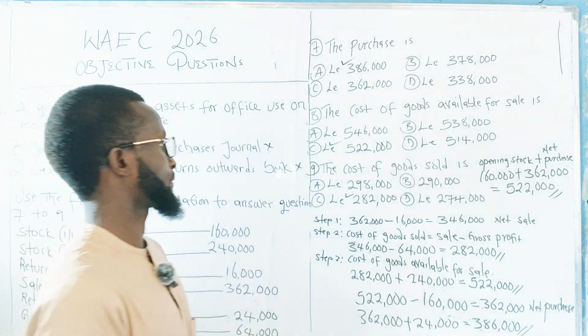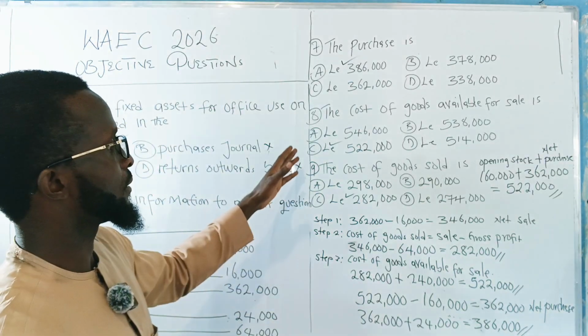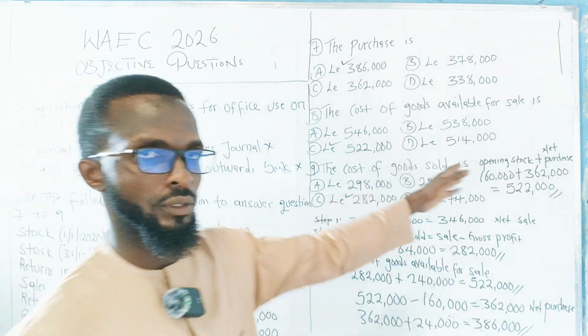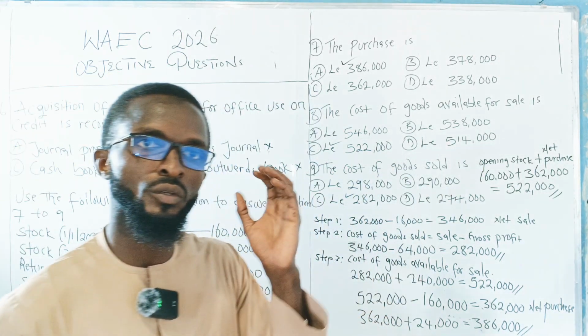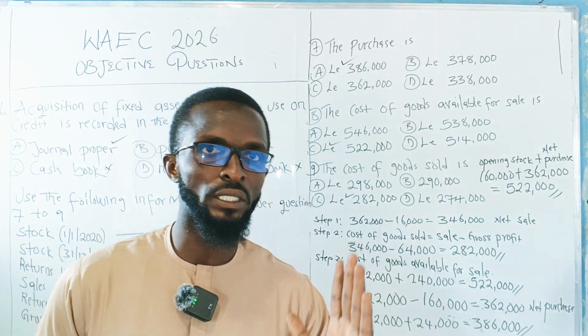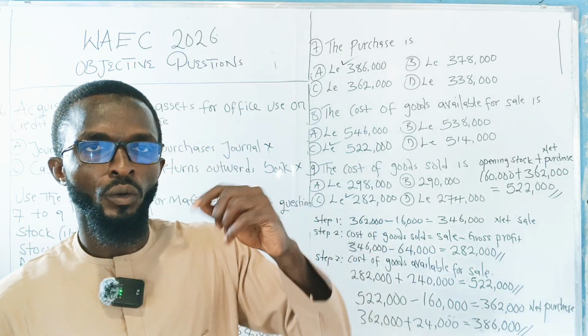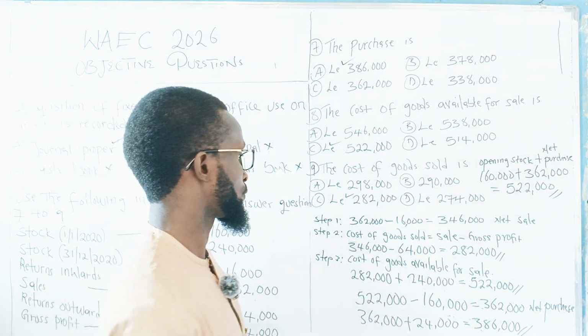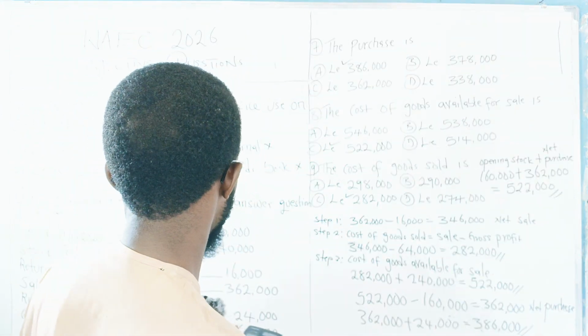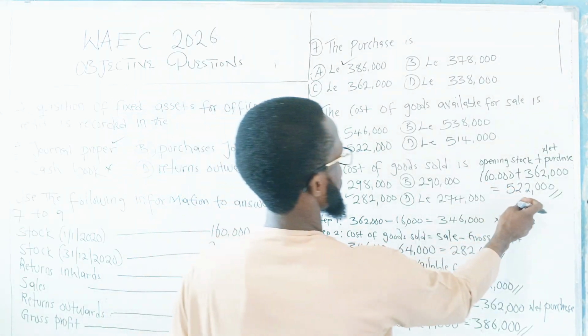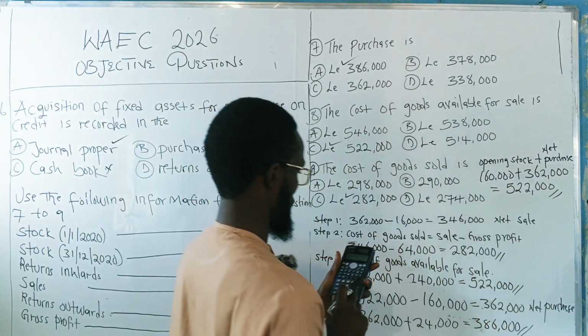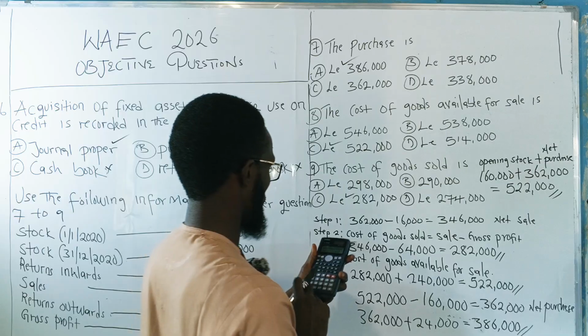Then the next thing is question 9. The cost of goods sold. Remember, cost of goods sold is equal to cost of goods available for sale less closing stock. Where is our closing stock? Only from here you can just say less closing stock, minus 240,000.